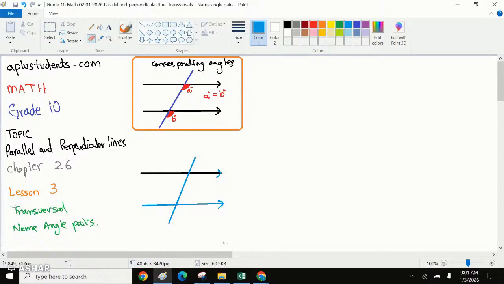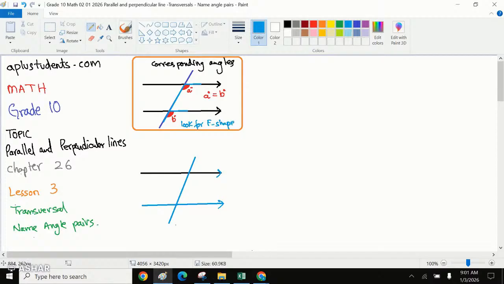In the first case, what we need to remember is we are looking at a shape that represents F. I'll just highlight over here. Whenever we are looking for a corresponding angle, we look for the alphabet F. An F formation would give us a corresponding angle. We look for the F shape, right?